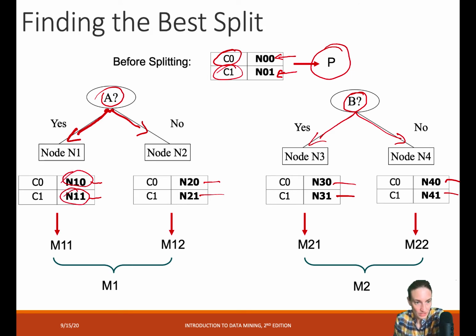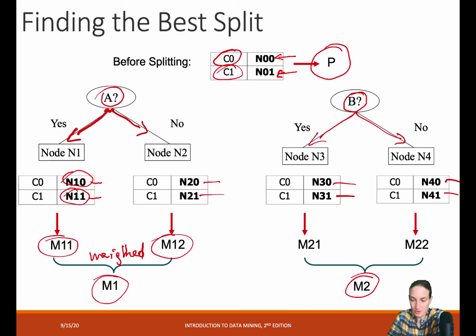Using all this, knowing the number of instances per class, per node for each type of split, which we refer to as M, M1, 1, M1, 2. These will be numbers. So M1 would be the total impurity of, this is weighted, the total impurity of our first type of split, and M2 would be the total impurity of our second split that we try.